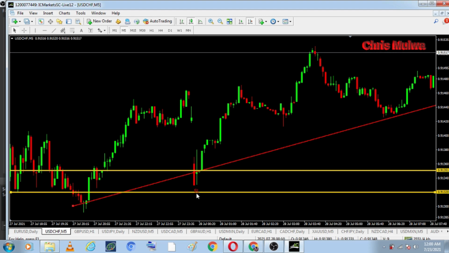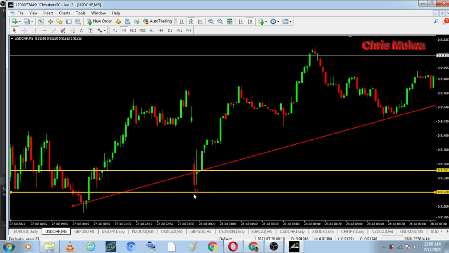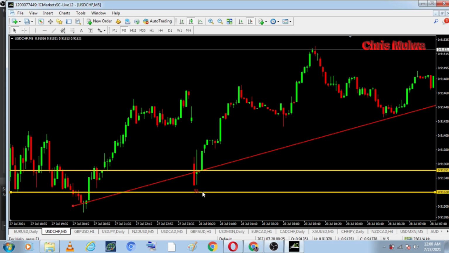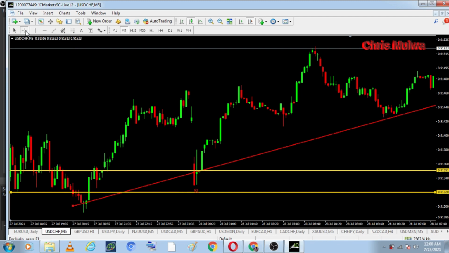Let me say that this will be my entry. My stop loss will be down somewhere there, like around 10 to 20 pips. Okay, this is strict. It's either you are stopped or you gain.